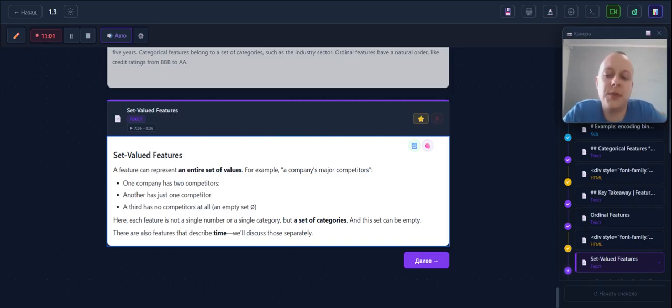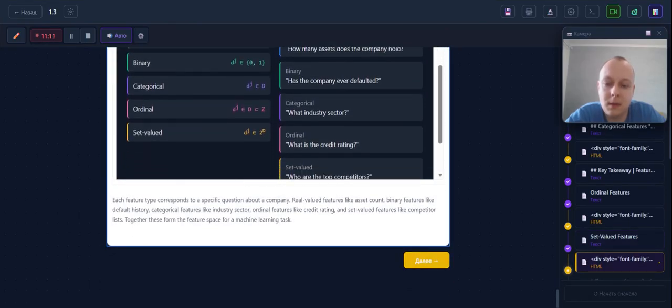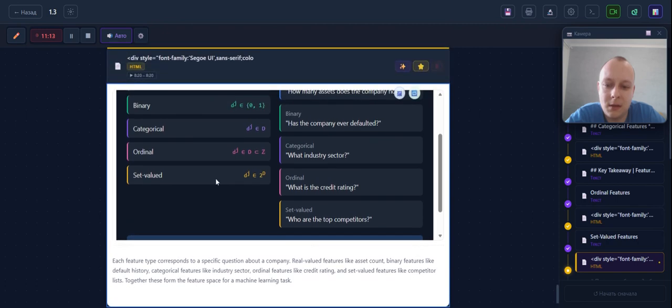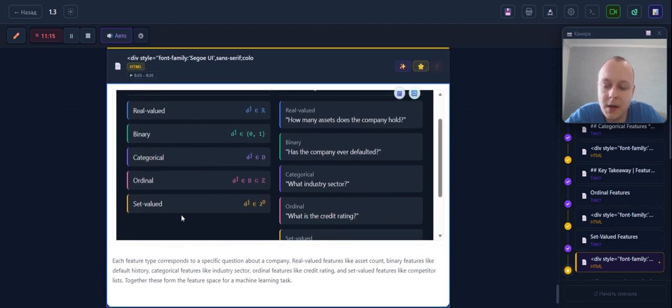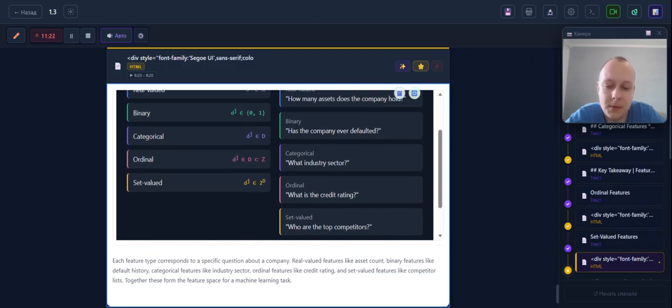Here, each feature is not a single number or a single category, but a set of categories. This is the main difference. Basically, these are 5 types of features and the questions that they answer.